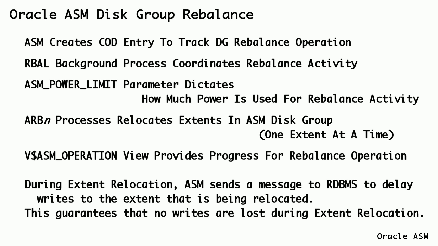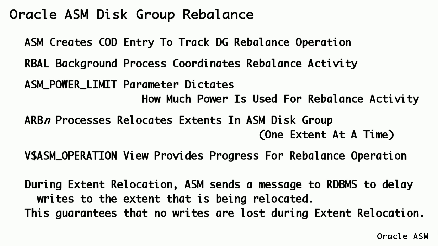Now, let us discuss Oracle ASM disk group rebalance. Oracle ASM automatically starts a disk group rebalance operation when one or more disks are added or removed from a disk group.